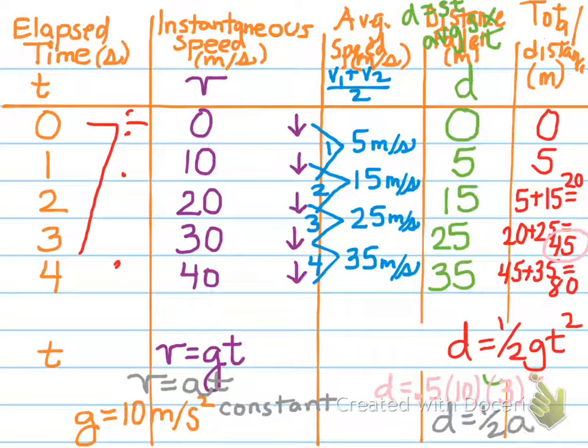Why is that important? Because if I'm talking about accelerating my car at a constant acceleration and I want to figure out how far I've gone, I can use this distance equation. And I can figure out what my velocity is after a certain period of time by using this equation. So it doesn't just work for falling objects, it works for any time I have something happening in a constant or steady way.